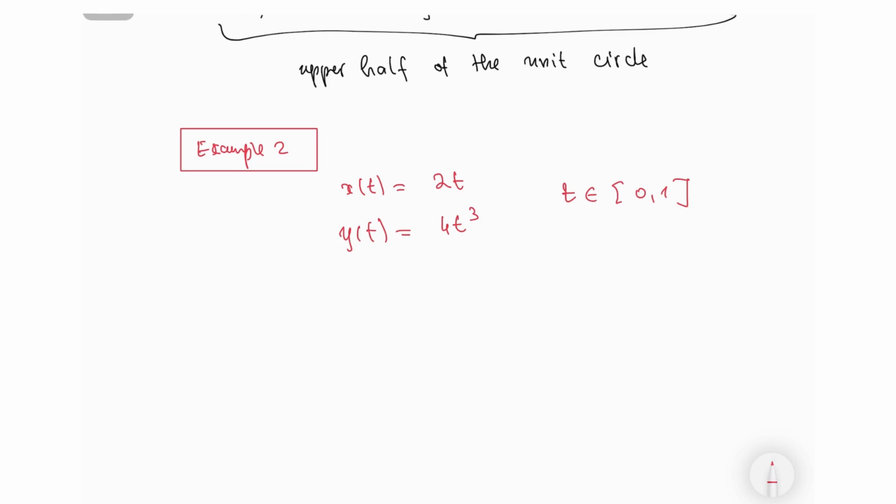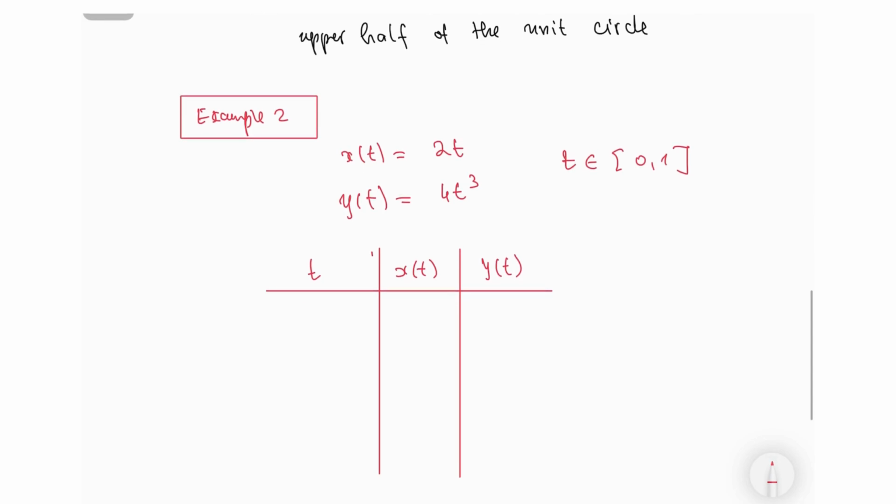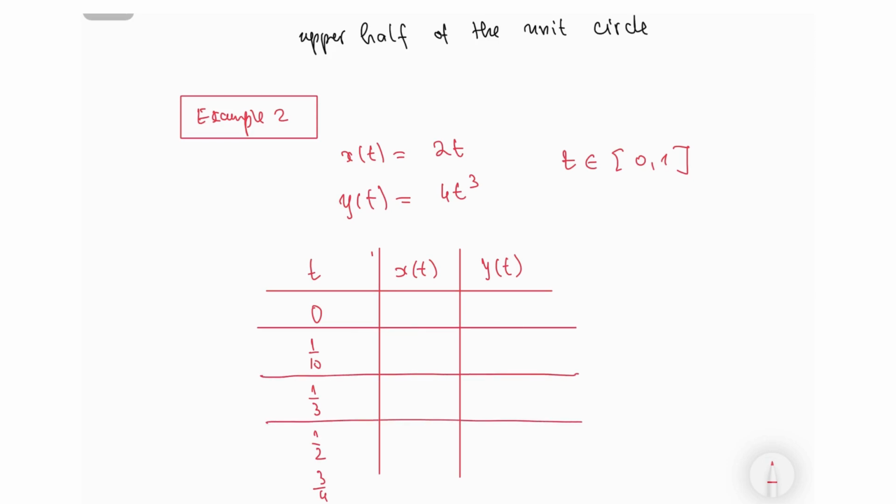But how we can understand it is that we can make a table, and here we have t, here we have x of t, and we have y of t. And then we start with some values of t, let's say 0, 1/10, 1/3, 1/2, 3/4, and then for each of those values we find the corresponding points.